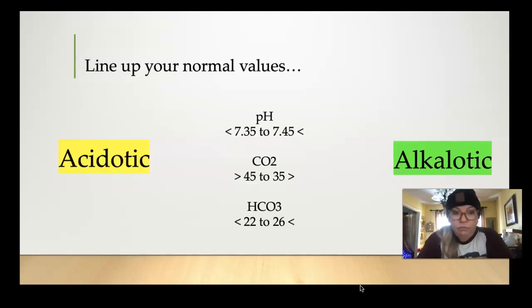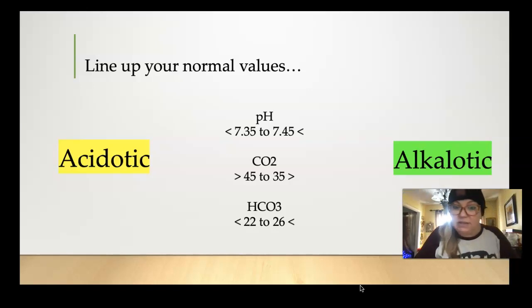All right. How I like to do the interpretation, I like to line up my values. I always put them in the corner up there. Remember, our pH is 7.35 to 7.45. Anything less than 7.35 is going to be acidotic. Anything greater than 7.45 is going to be alkalotic. Now your CO2, the range is 35 to 45, but you have to flip it because it's kind of backwards. Anything greater than 45 is going to be acidotic, so that's why the 45 is on the left side.